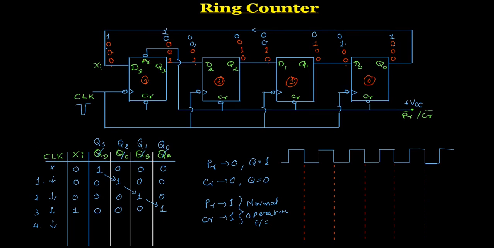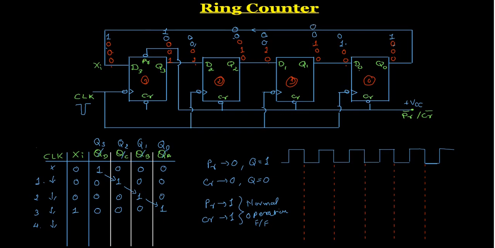And here the 0 is the input to flip-flop number 2, and it is going to appear at Q2. The input to flip-flop number 1 is 0 and it is going to appear at Q1.